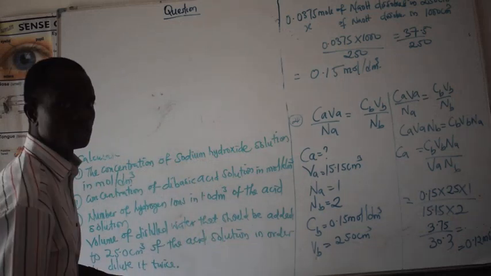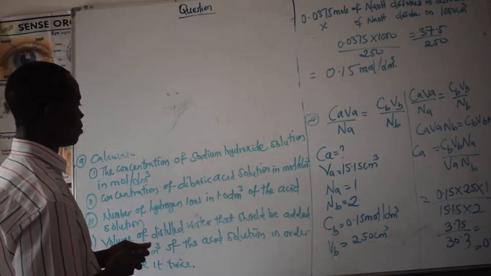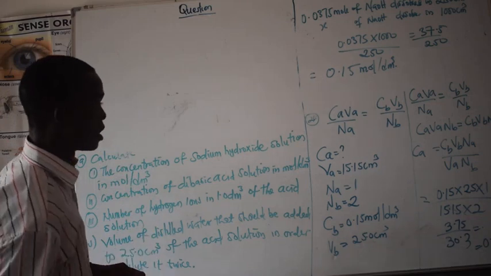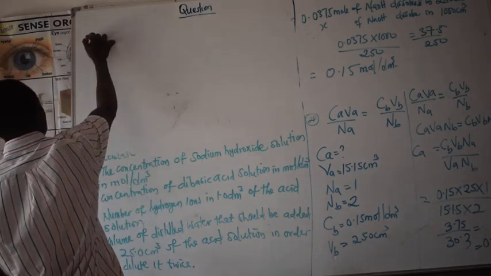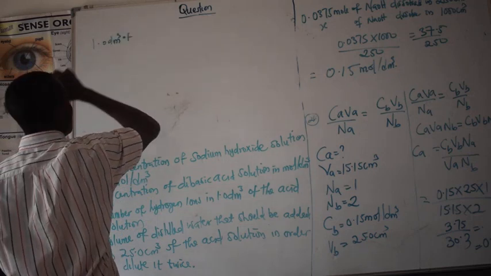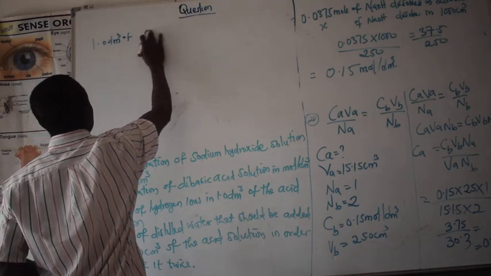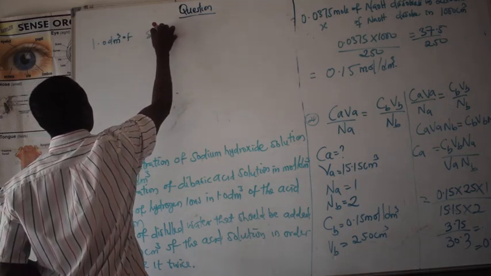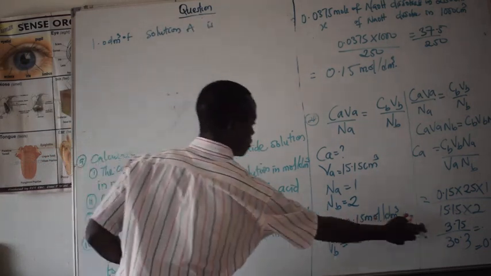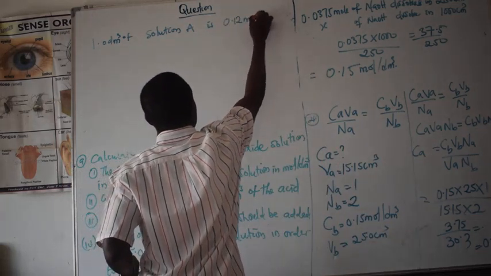The number of hydrogen ions in 1.0 dm cube of acid solution. So don't let us forget that 1.0 dm cube of solution A is this one that we obtained, 0.12 mole.